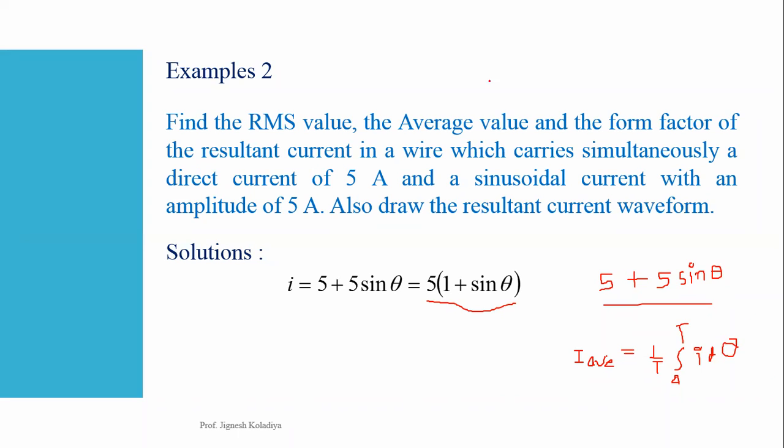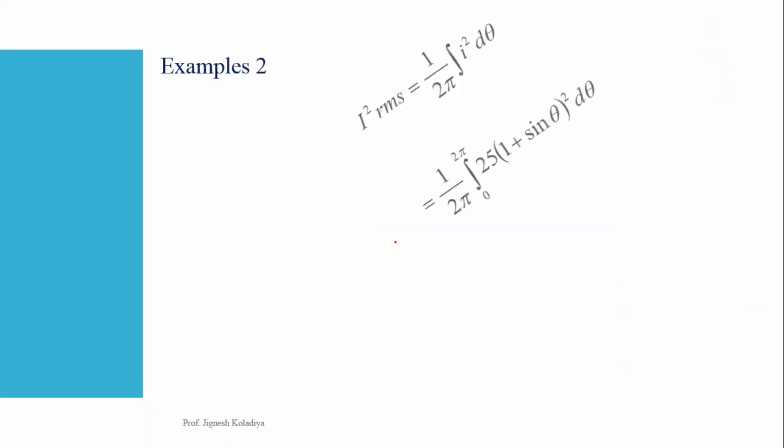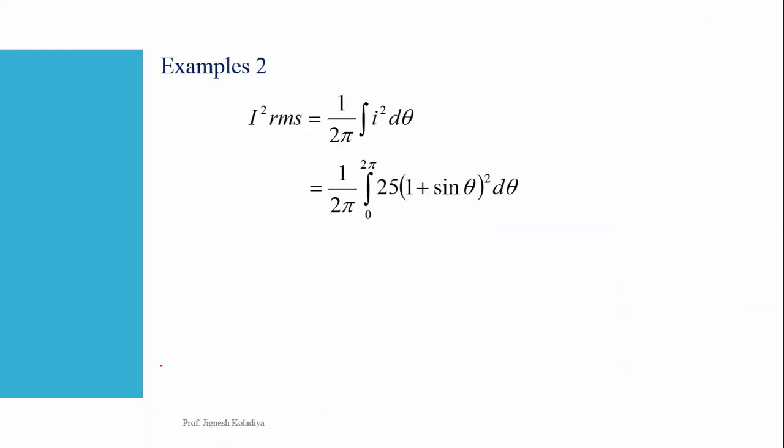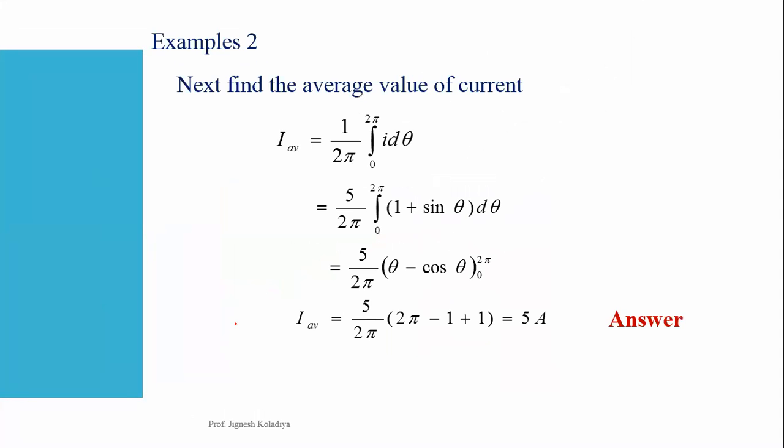And in case of RMS value, you have to take the square of this current. So I'm taking the square like this, and then we are using it. So here you can see this is for the RMS value, but as I told you, right now we have 3 or 4 minutes, so we can do the average value.